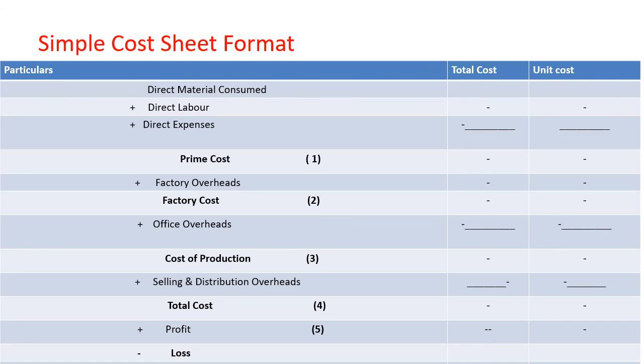In factory cost, add office expenses, we get cost of production. Cost of production plus selling and distribution overheads, we get cost of sales. And in cost of sales, add desired profit, we get sales value or selling price. In this way, we get the selling price of the product.